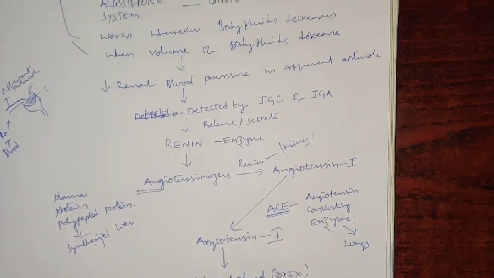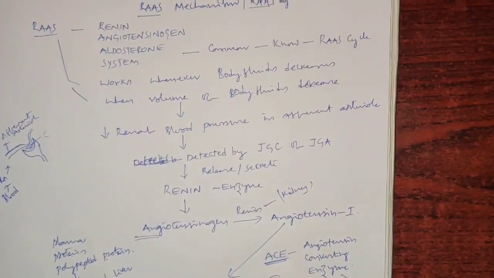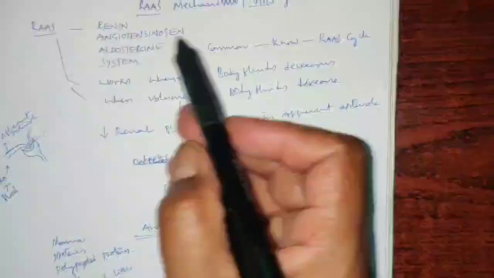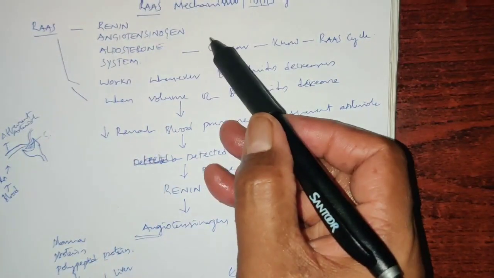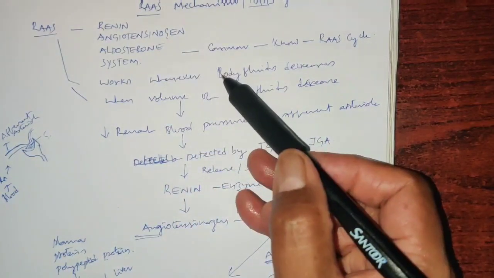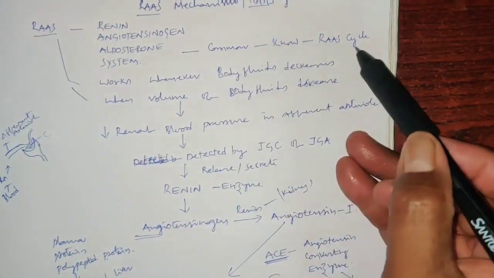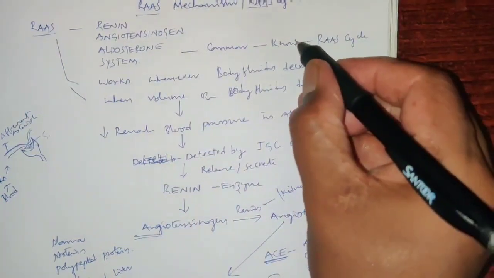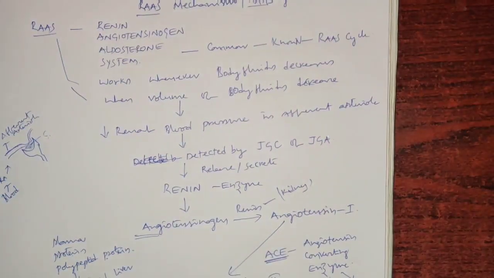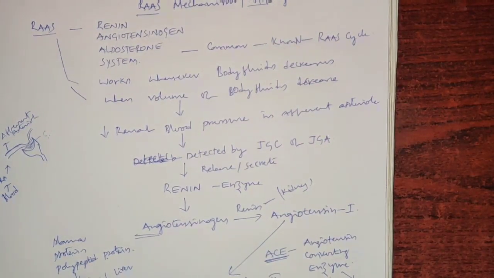In this topic we discussed the RAAS mechanism. RAAS means renin-angiotensin-aldosterone system, commonly known as the RAAS cycle. It works whenever body fluids decrease.